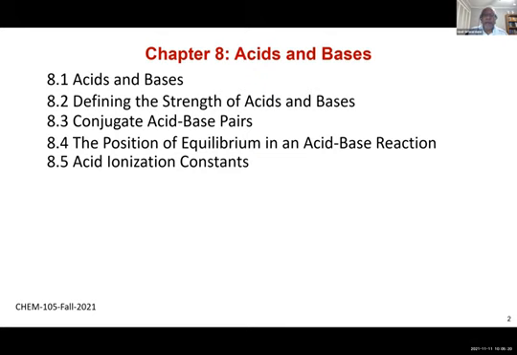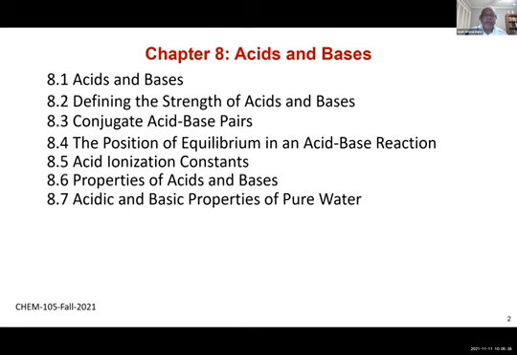So these are related to the equilibrium reactions that we discussed in chapter 7. And we're also going to look at properties of acids and bases and how they are related to pure water.